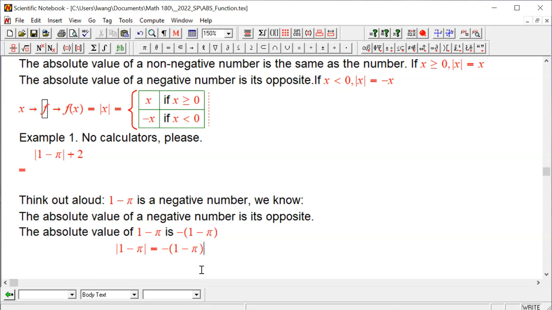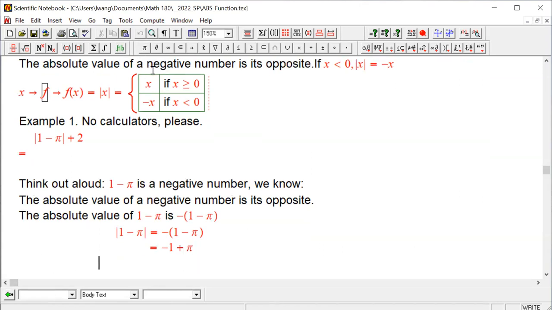Okay, and of course you can also open up the parentheses. Negative sign distributed, so -1 plus pi. And over here, you're gonna have what? It's actually pi minus 1.